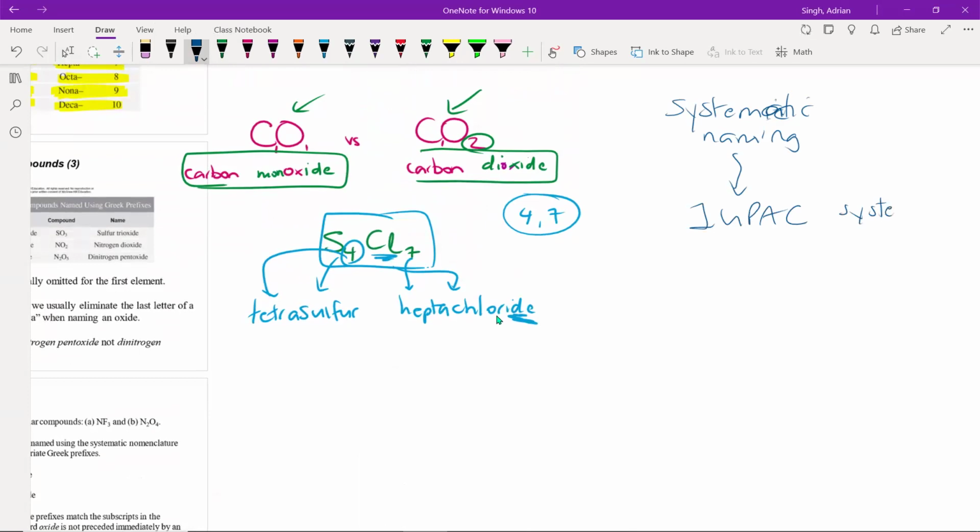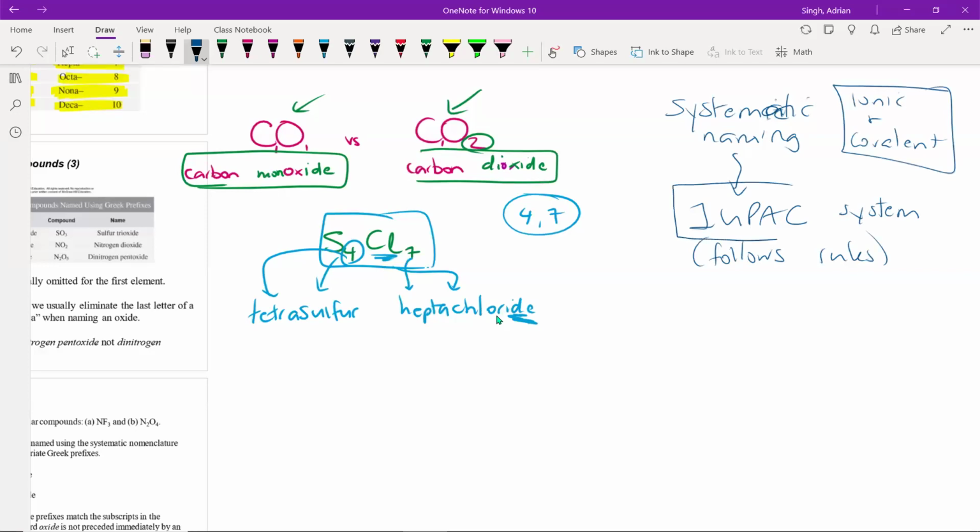The system follows rules, and this applies to both ionic and covalent nomenclature. The IUPAC is the agency, I guess. It stands for the International Union of Pure and Applied Chemistry. They make up the rules that govern naming things.